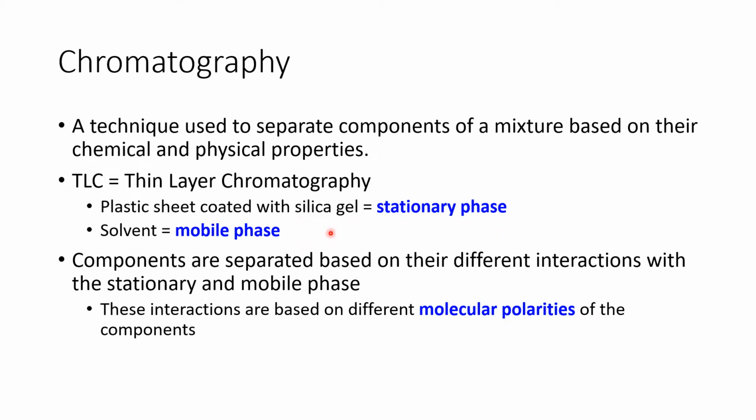And the mobile phase, the moving phase, is the solvent we're using. Based on the different polarities of our components, the interactions between the components and the mobile and stationary phases are going to be different, which will separate the components.